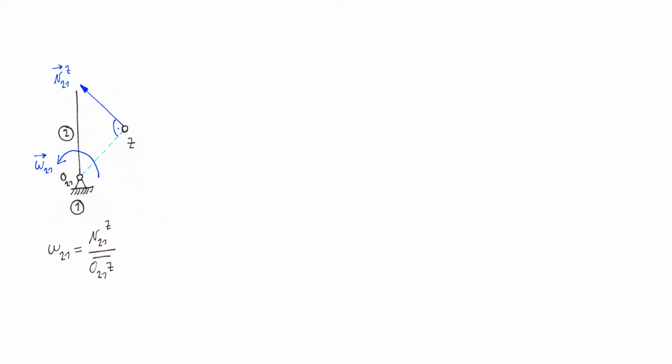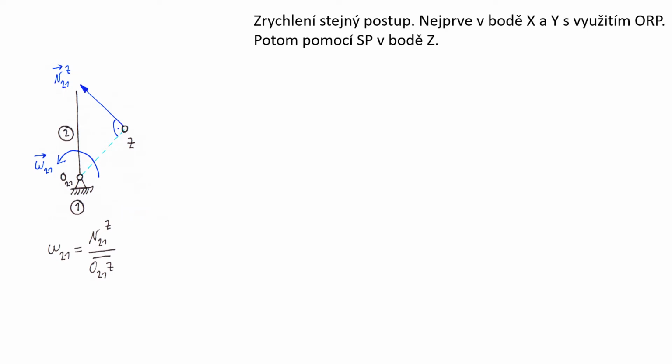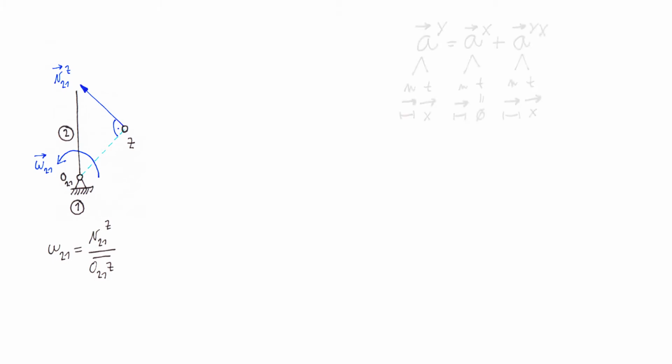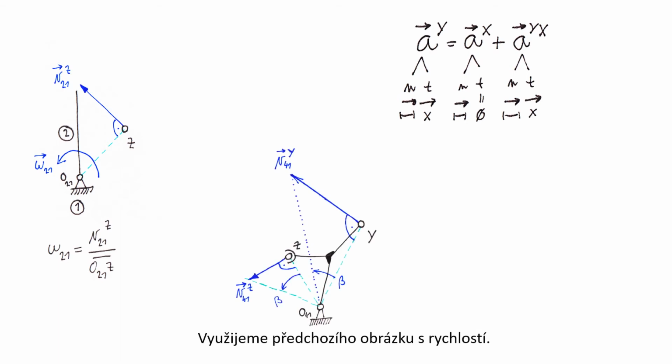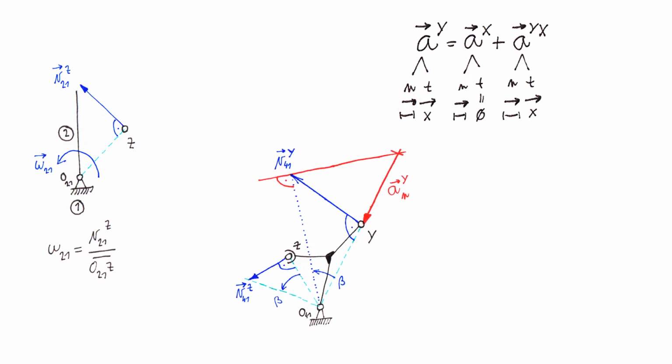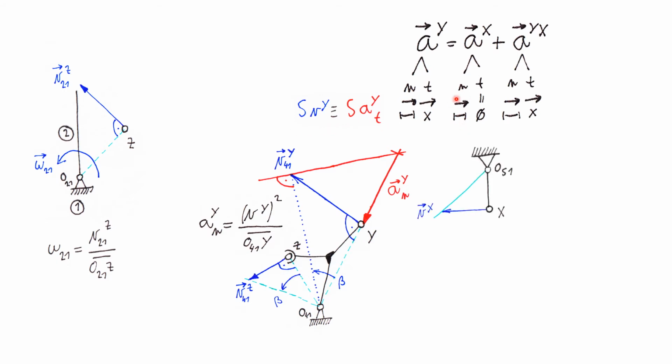So now we are done with velocities, and we can calculate the accelerations. For accelerations, for the first part, we will start using the same vector equation. However, point y is performing rotation, therefore it has both normal and tangent components. The normal component is calculated as the square of the velocity divided by the distance, and for the tangent we know the direction.